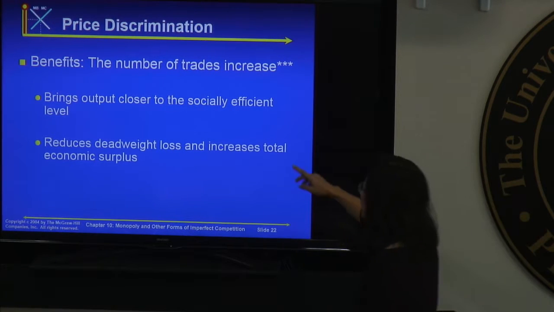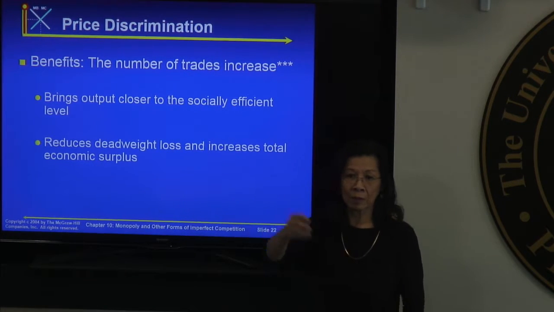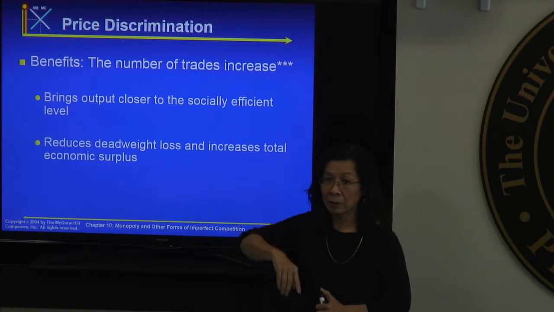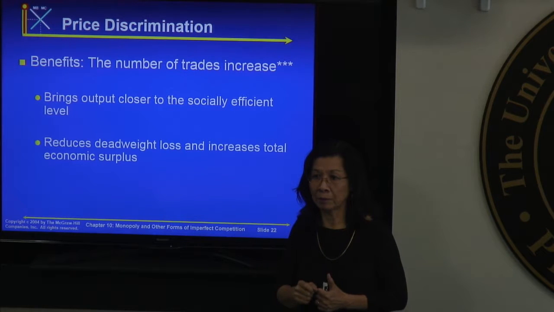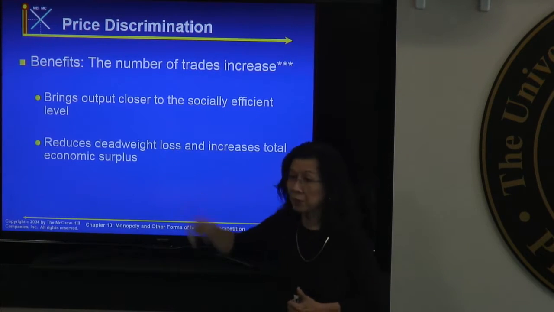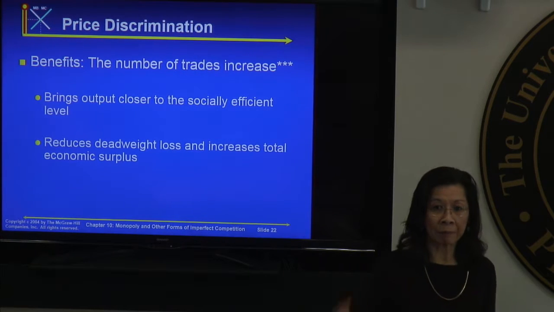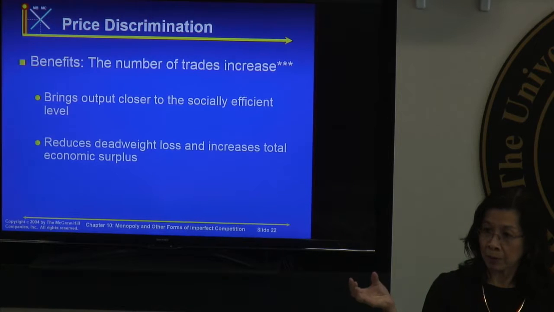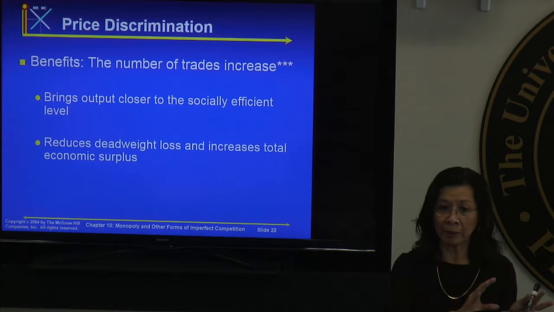Okay, so what's the benefit of, for example, this early bird discount? The number of trades increases. It draws out all these early birds to the sales, and it brings the output closer to the socially efficient level. You push and push, so instead of 8, you push it all the way to 12. Talking about the monopoly number 8.